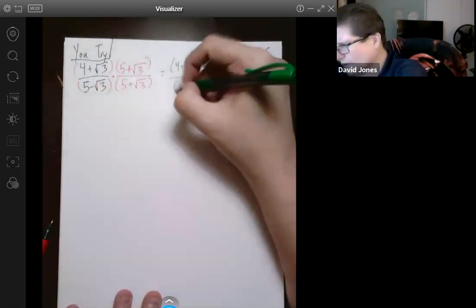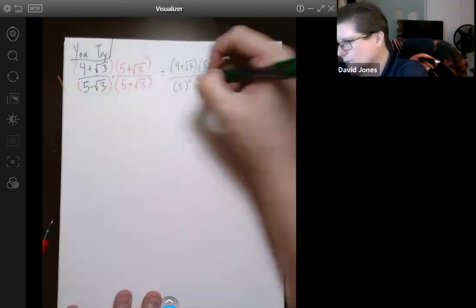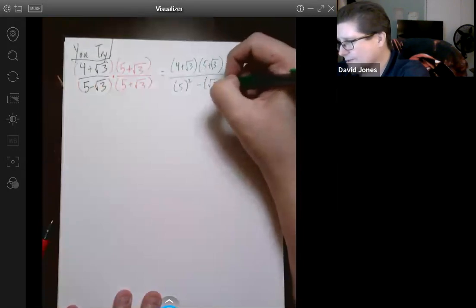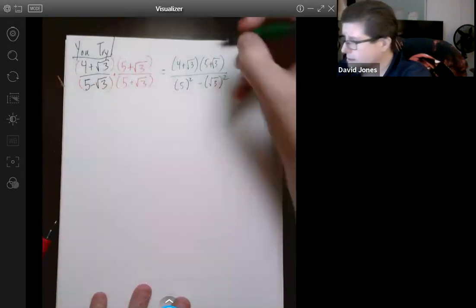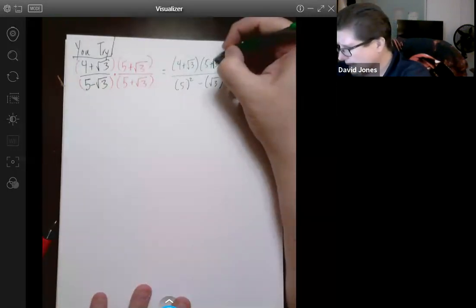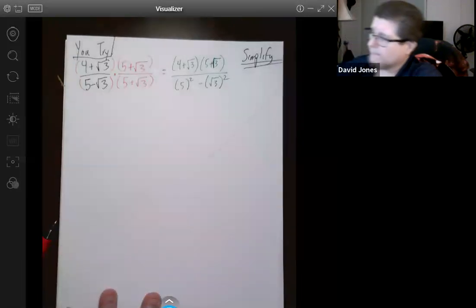And the shortcut for the bottom was the first thing squared minus the second thing squared. And now I'll distribute on top.